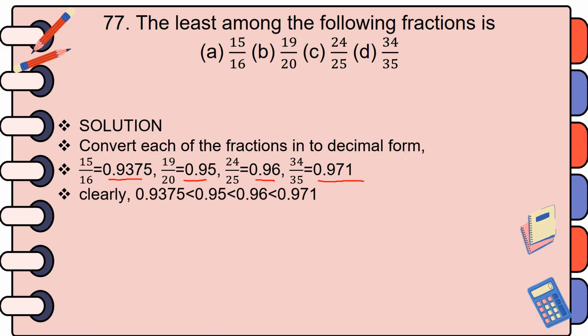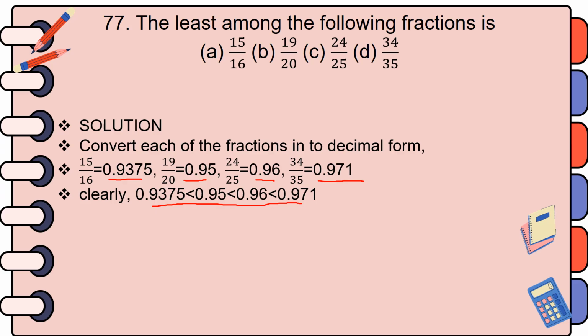Then arrange these in increasing order. 0.9375 is less than 0.95. Again, it is less than 0.96, and it is again less than 0.971. So you can arrange these decimals in their increasing order.